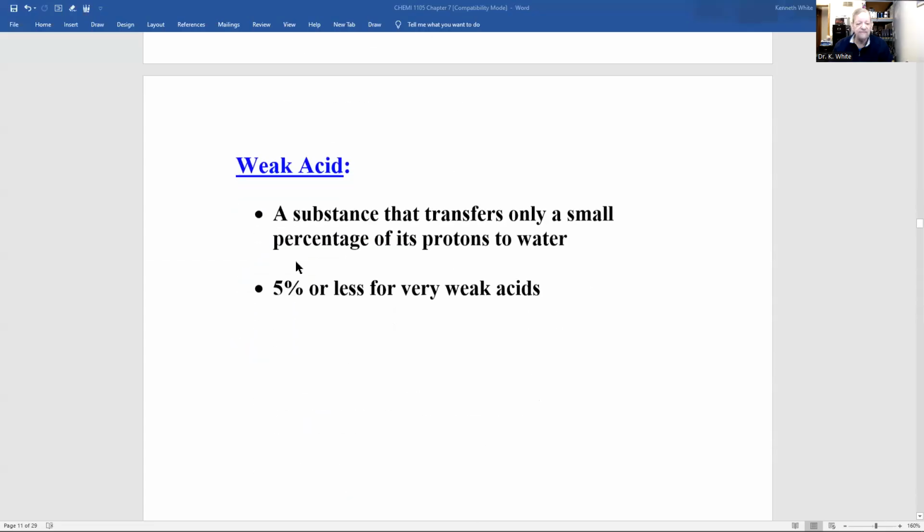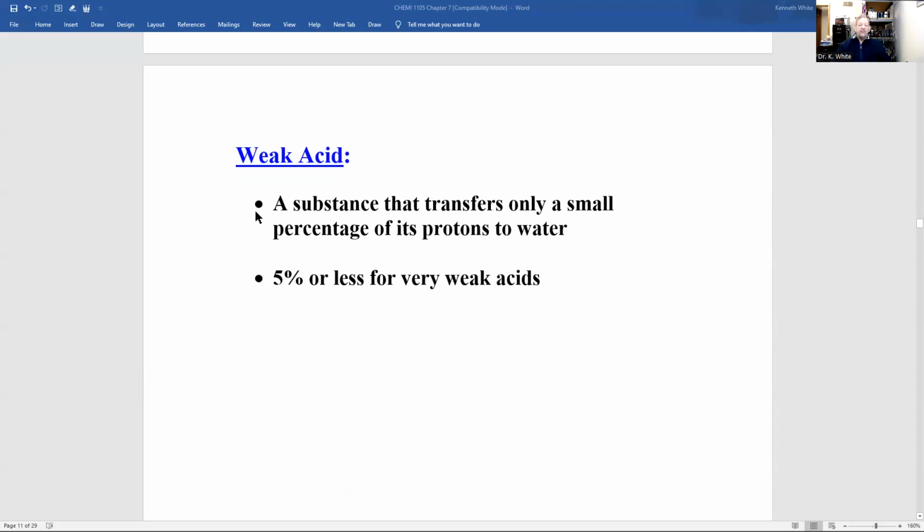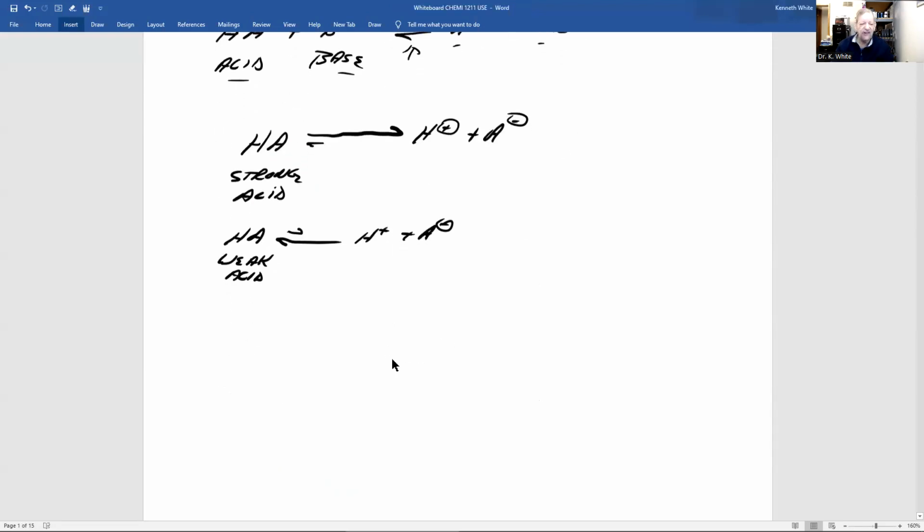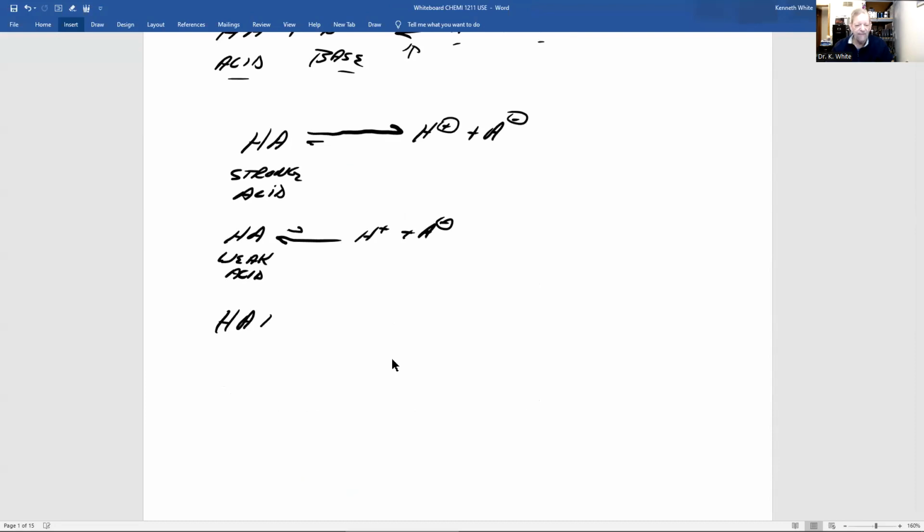Now, weak acids are substances that transfer only a small amount of protons to water. I guess I can re-amend what I had earlier on the whiteboard. Instead of this, I guess I should really have put this. And this means essentially most of it goes to the right.